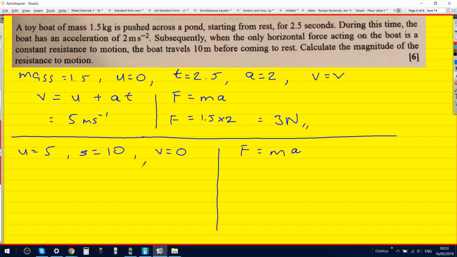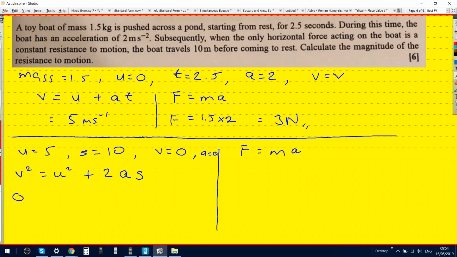I think v squared equals u squared plus 2as. Yep, and they give you the SUVAT equations on the formula sheet. So we just sub in everything we've got.